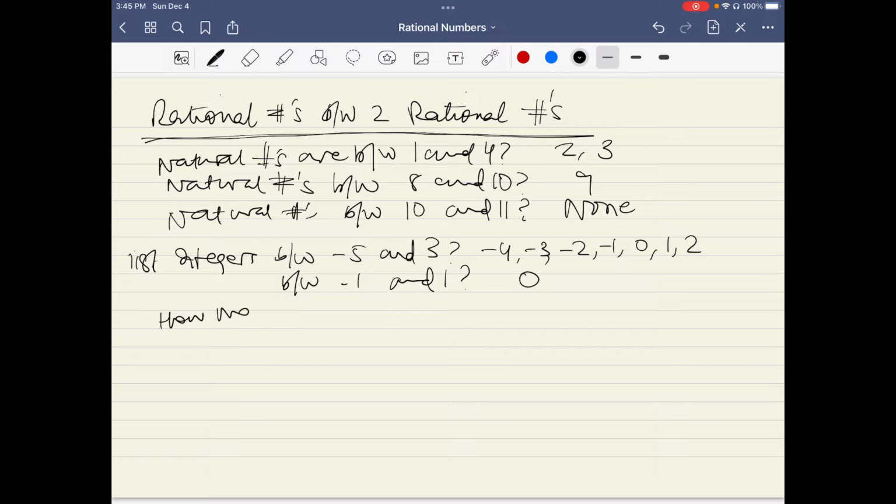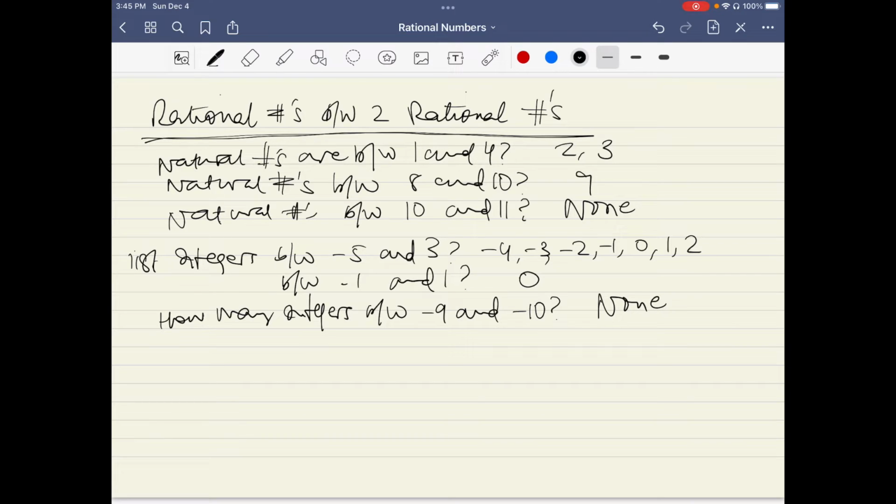And now, how many integers are there between minus 9 and minus 10? Again, none. 0. No integers between minus 9 and minus 10.